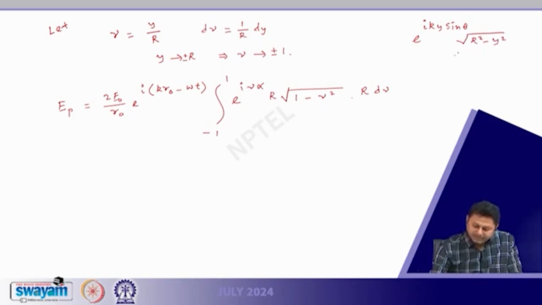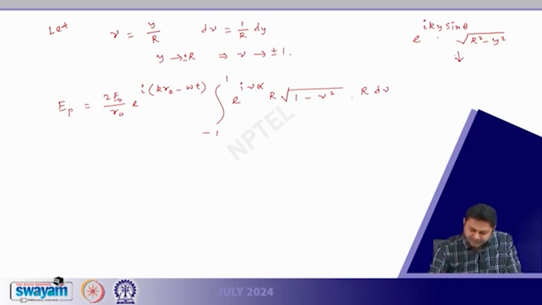So, from here if I take r square common, then this r is coming out, then in the root we have 1 minus y square divided by r square, which is nu square, because y by r is nu. Here in the power of e, if I write e to the power of I k nu, then 1 r should be there.